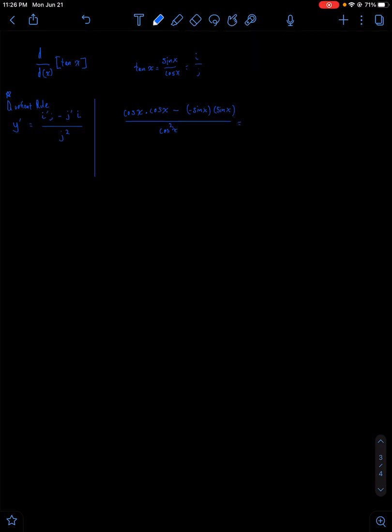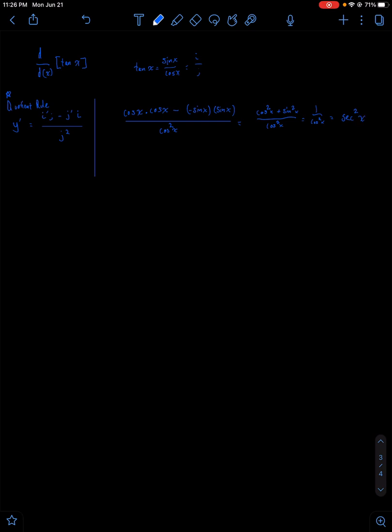Well, we got kind of lucky here. We got cosine squared of x plus sine squared of x over cosine squared of x. That's just 1 over cosine squared of x, and that yields secant squared of x.